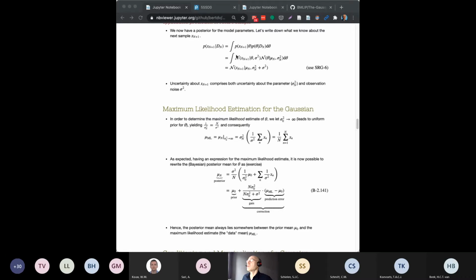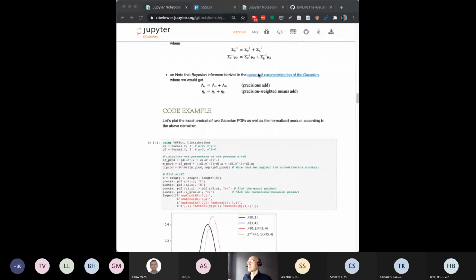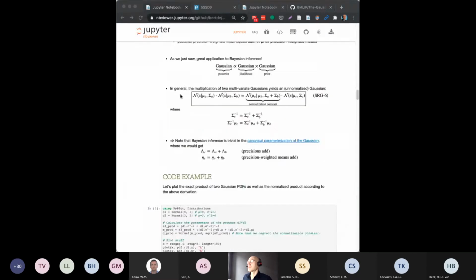So what we do is we can exchange x_{n+1} with theta here. It will still be the same Gaussian. Then you can use the multiplication rule of the Gaussian, and you get some normalization factor times an integral of a Gaussian over theta. That integral goes to 1, and what's left over is just a normalization factor. It's this rule here that you'll use.